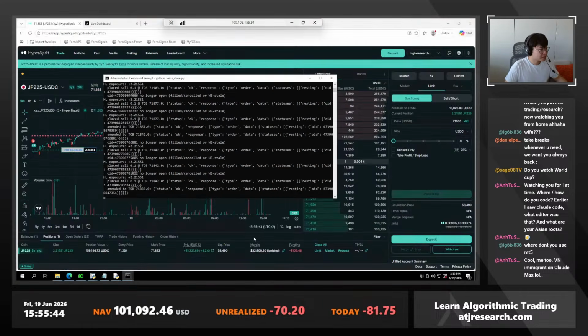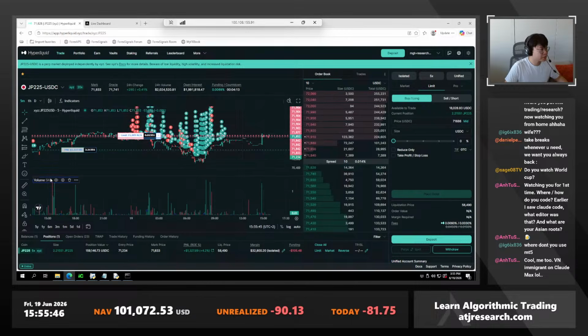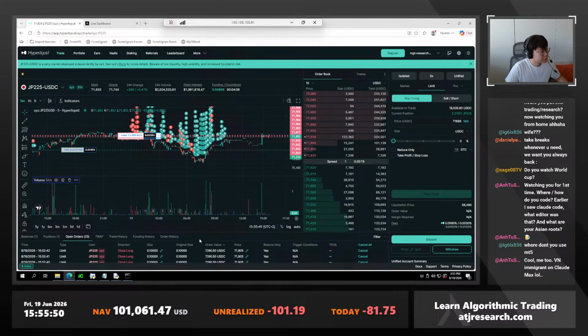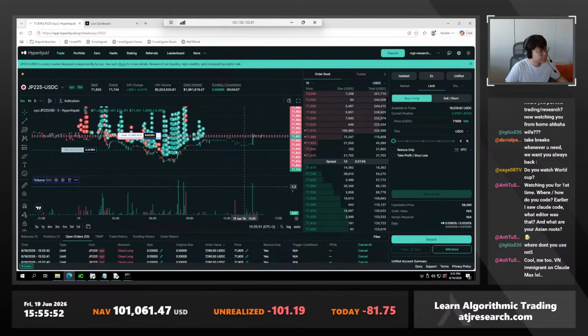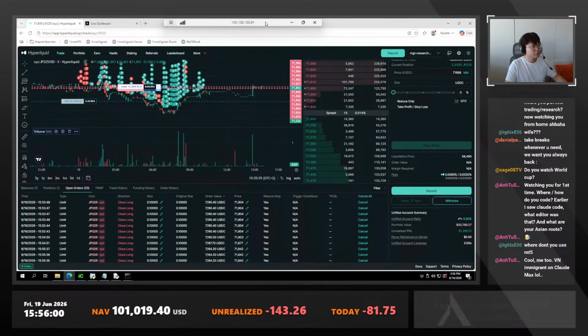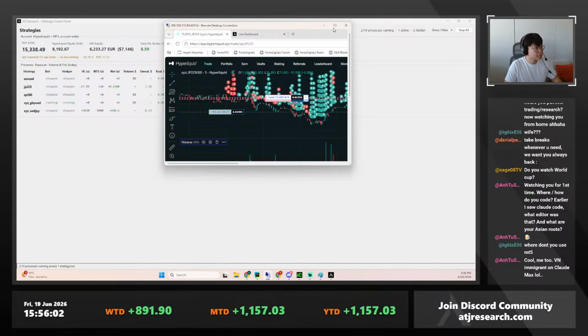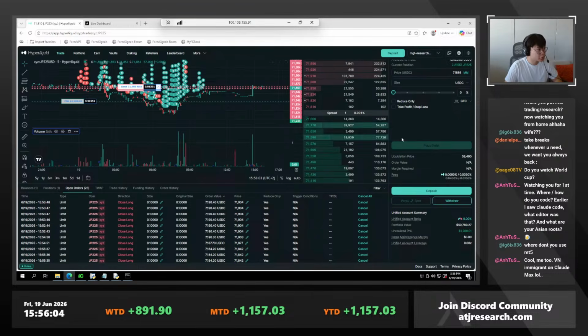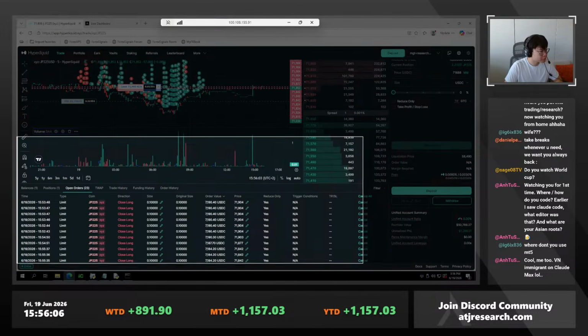Okay, let's check the status on our JP225. Oh God, it looks like my force close is having quite some bugs actually. Good thing that we have tested it because we need to fix that.